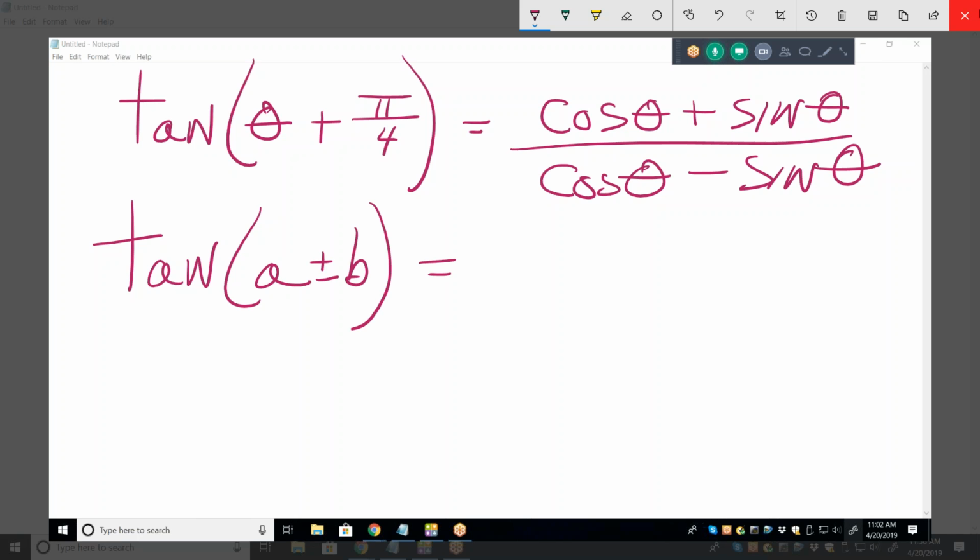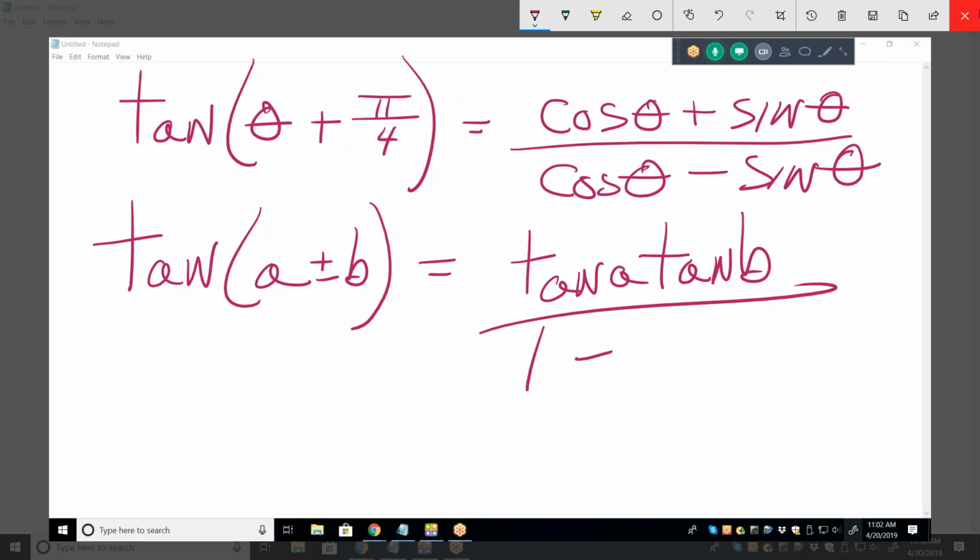Is it the same as sine? No, let's see if I can trust my memory. Let me see how close I can guess. I think it's that, but I'm not going to say that without looking it up.